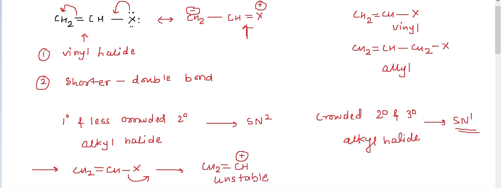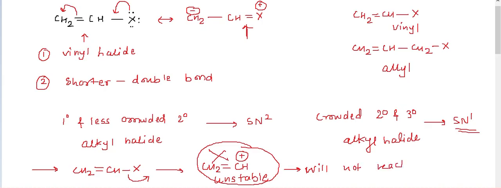Why? Because the carbon which is carrying the double bond cannot have the plus charge at the same time. So this structure is not at all possible. It will not react by SN1. It will react by SN2.